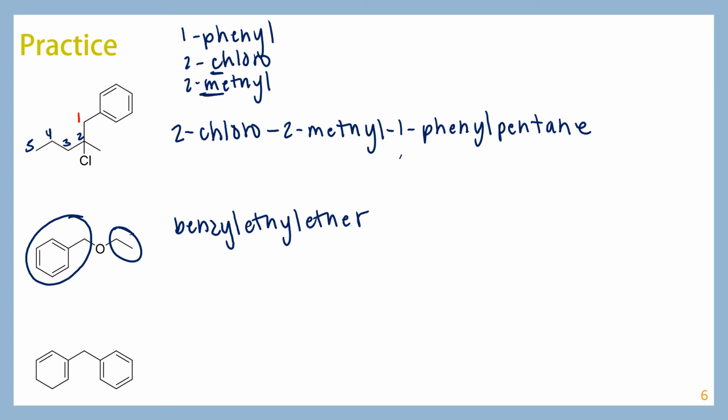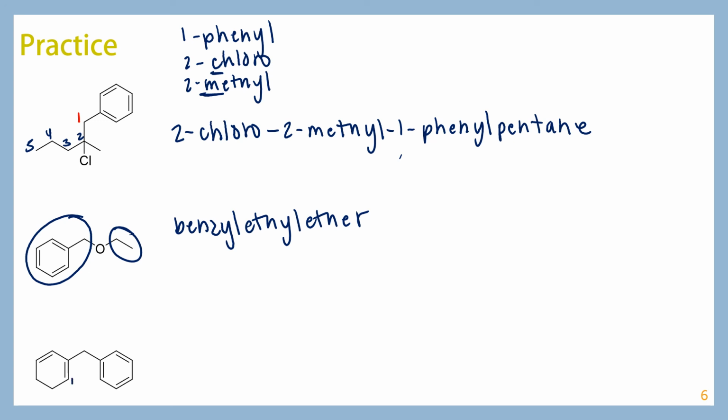Now, in our last one, it looks a little tricky, but we have a cyclohexadiene as a base here, and then we have a substituent, which is the benzyl group. So all we have to do is figure out how we're going to number our cyclohexadiene.